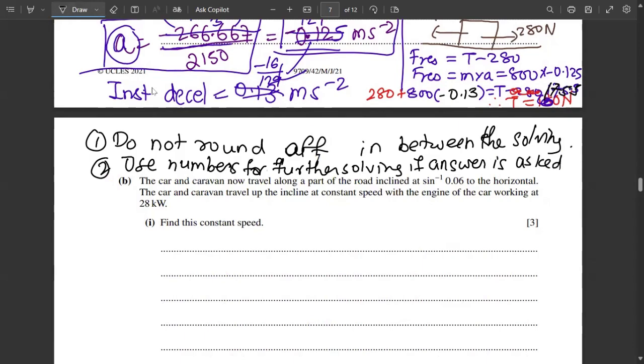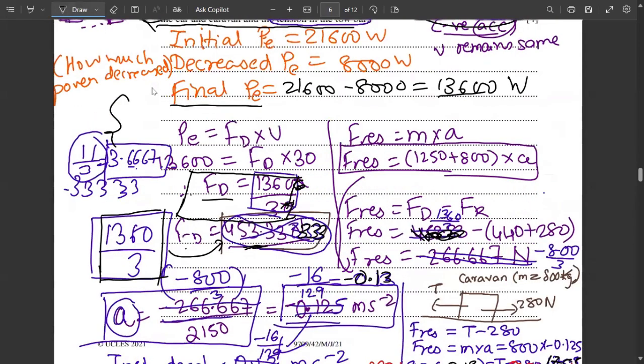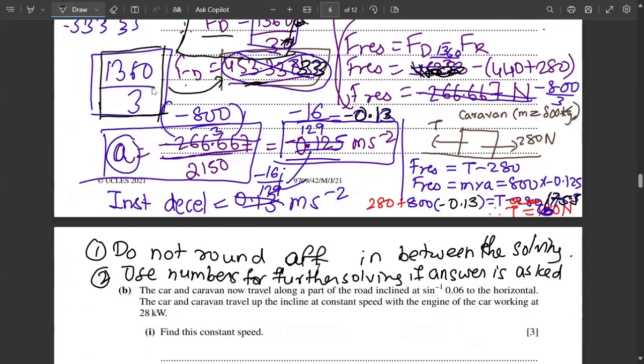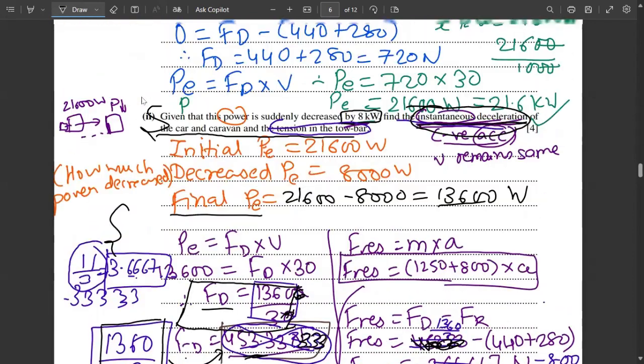What does this mean? Acceleration was asked here, the instantaneous deceleration. So we found it here, which was minus 16 upon 129. But because this answer was asked, we have to write it in the whole number form, minus 0.13. And we even have to use the same minus 0.13 in later questions. Why? Because they have asked for the answer.